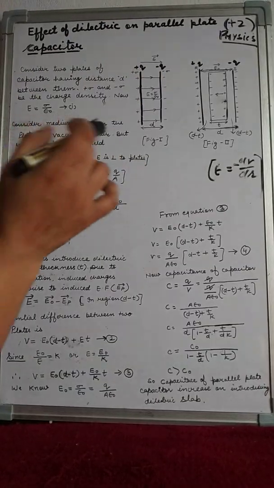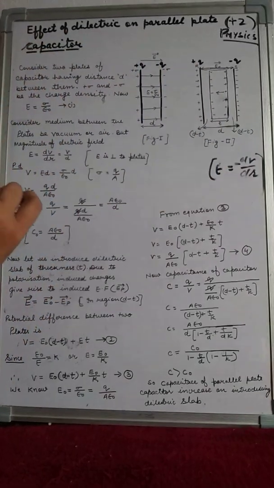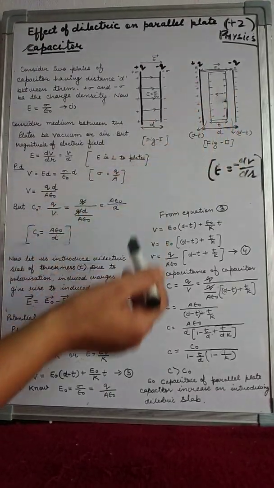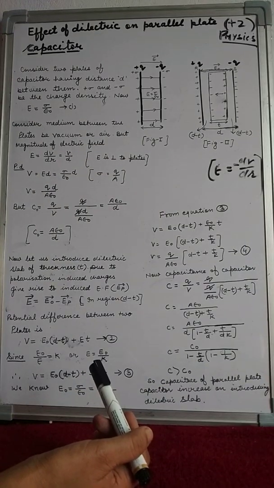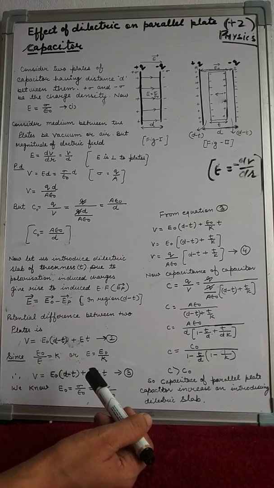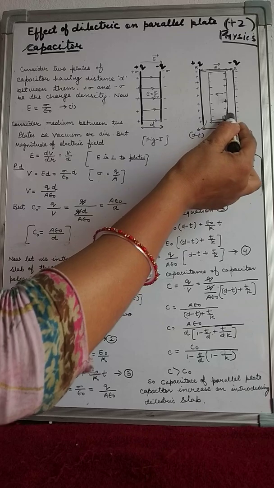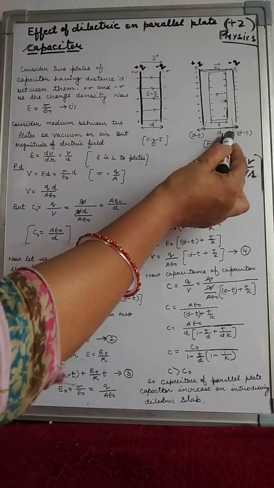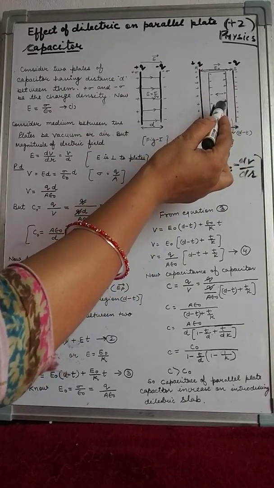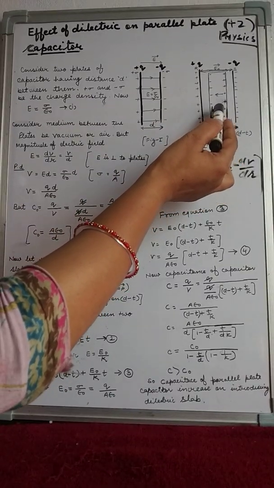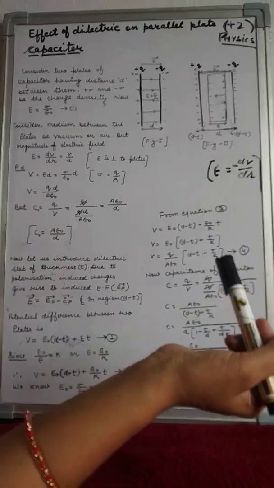Now we will introduce the dielectric slab. Dielectric means non-polar, non-conducting material. When we introduce the non-conducting material between the two plates of the capacitor, due to polarization, equal and opposite charges develop.